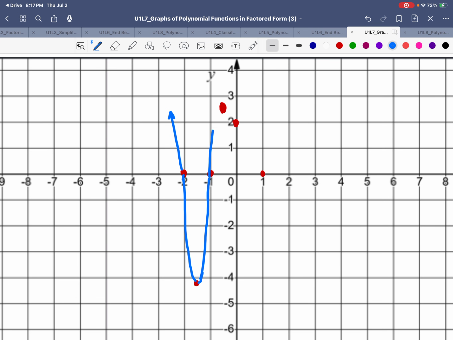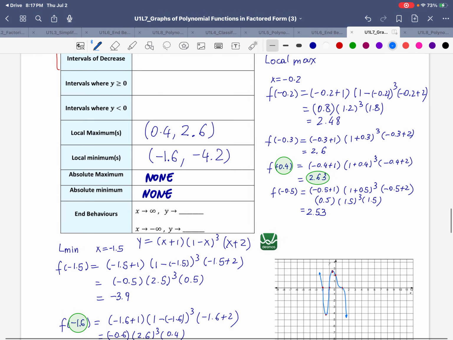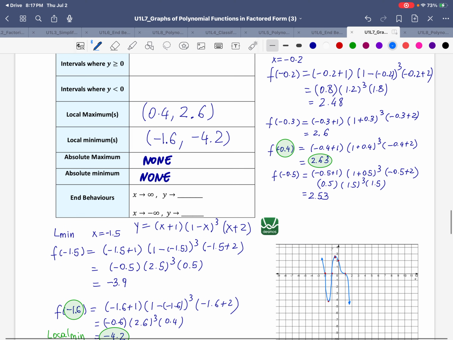Going to hit our maximum here, come back to the y-intercept, and prepare to make an S shape at the next intercept, or a third order root, and there goes our graph. Beautiful as ever. Now that we have our graph, we can determine the intervals of increase and decrease.